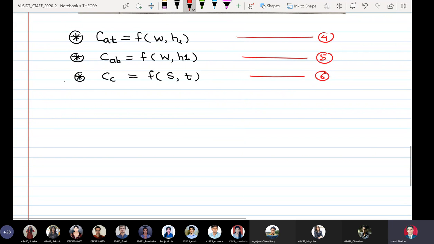So from this equation we write that for coupling capacitance CC, as distance of separation reduces, CC will increase.